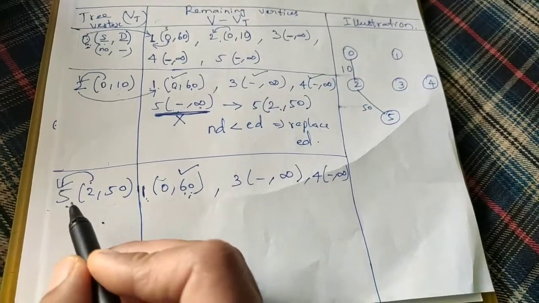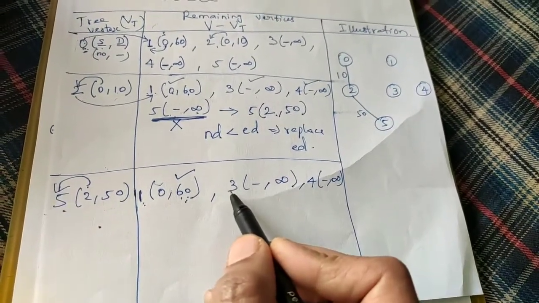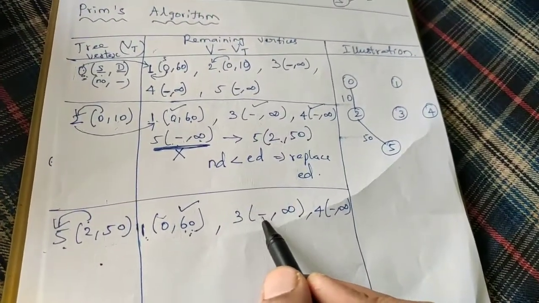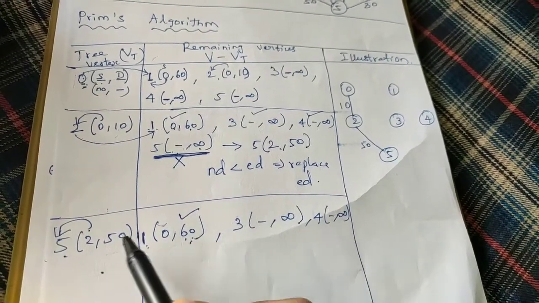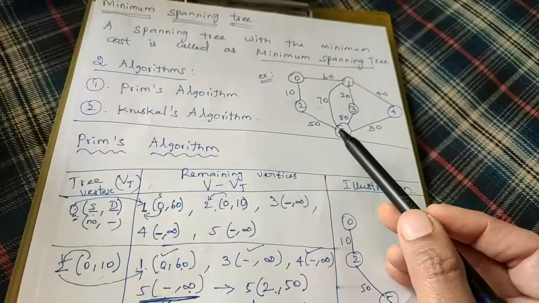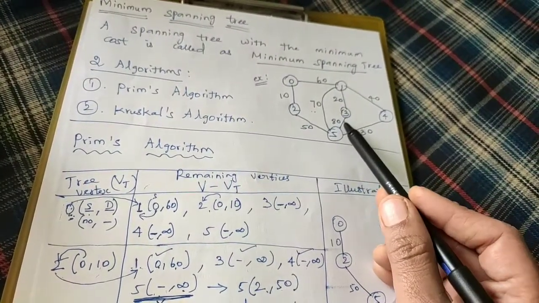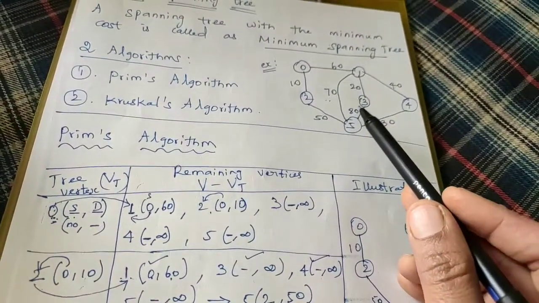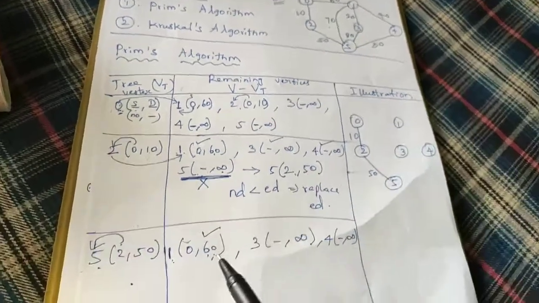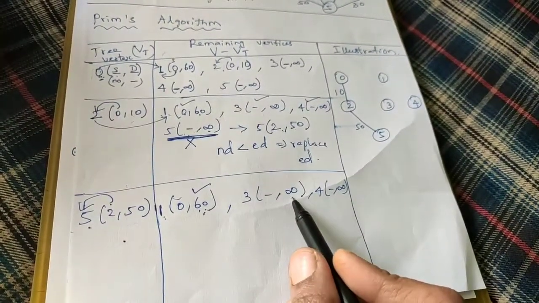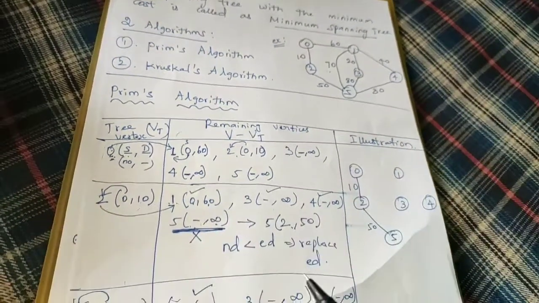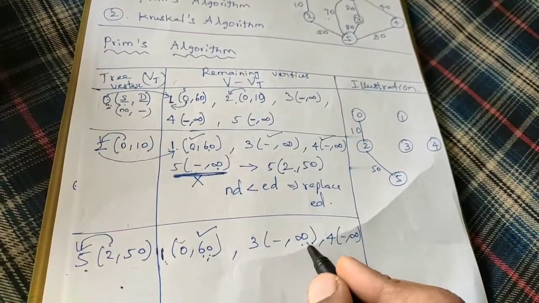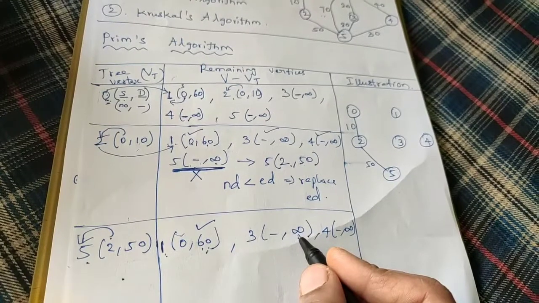Now let us try for visiting 5 to 3. It has not yet been visited from any vertex. Distance is infinity. So 5 to 3, is it possible to visit? 5 to 3 is possible to visit. Distance is 80. That is, existing distance is infinity, new distance is 80. So 80 is less than the existing distance infinity.